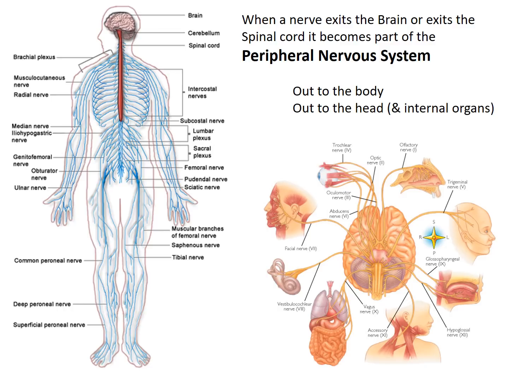Once those nerves leave the brain, or once those nerves leave the spinal cord, then those nerves become part of the peripheral nervous system. So you're sending messages from the brain out to the body, and the body is sending messages in to the brain and spinal cord.